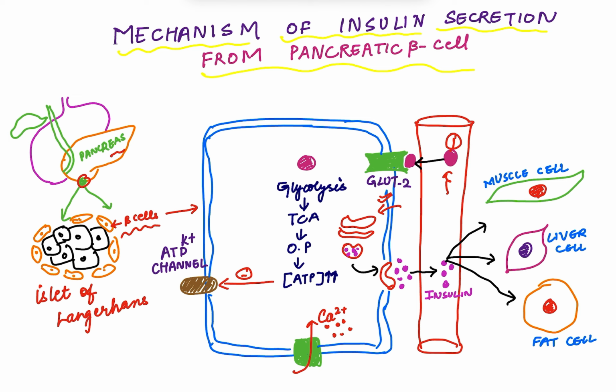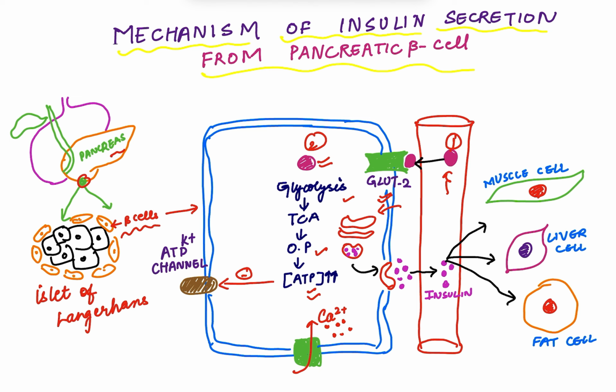In step 2, the glucose is converted into energy. Once inside the cell, the glucose is broken down through glycolysis, and it enters the TCA cycle and further oxidative phosphorylation in the mitochondria, and it produces a lot of ATP, which is the energy currency of the cell.